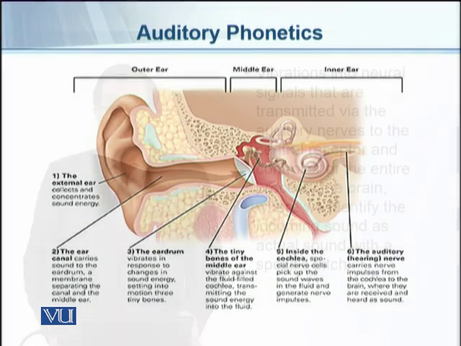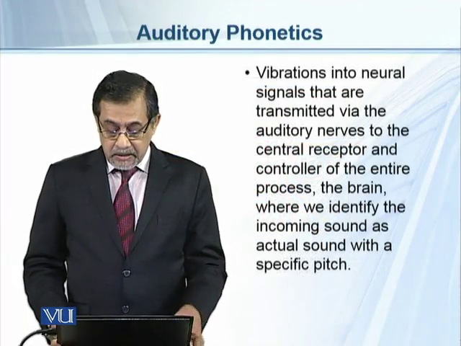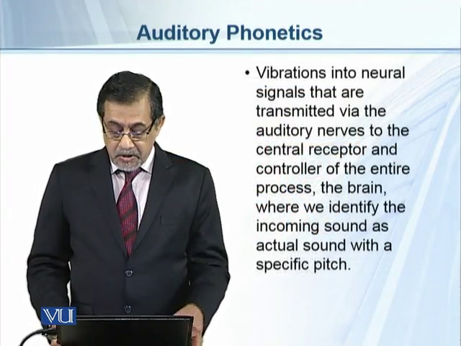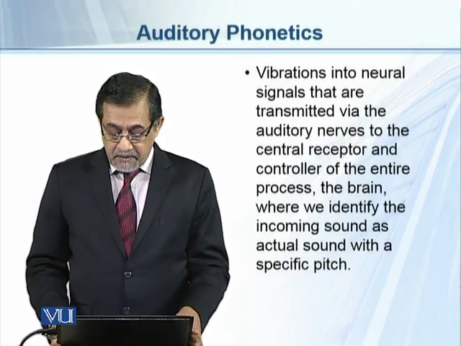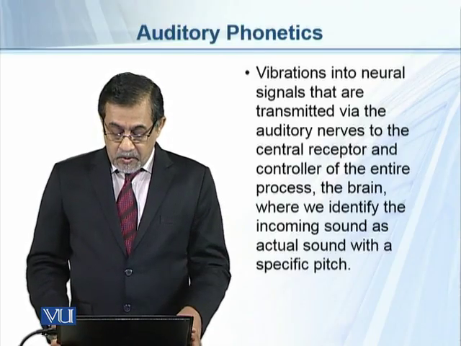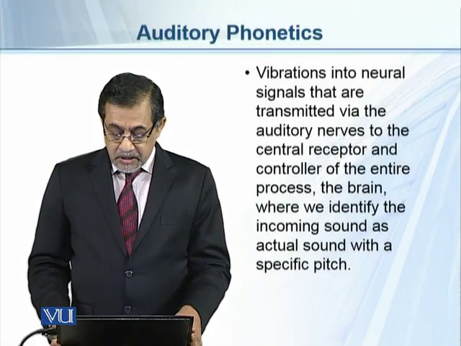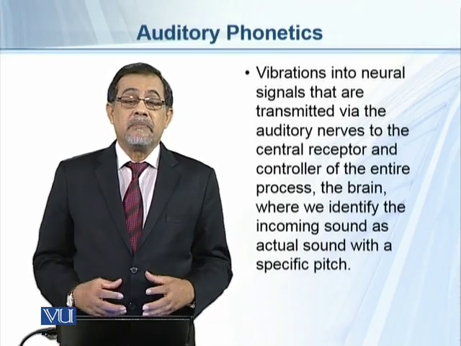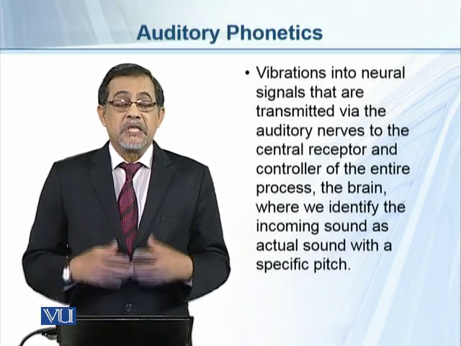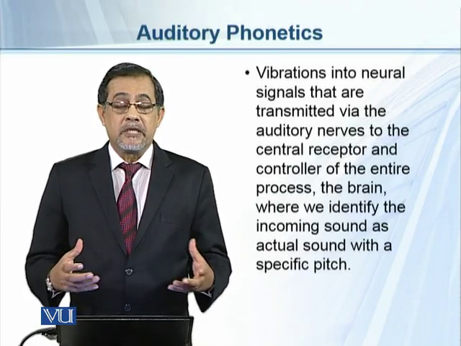So vibrations become neural signals that are transmitted via the auditory nerves to the central receptor and controller of the entire process, the brain, where we identify the incoming sound with a specific pitch. So this is the mechanism involved in perceiving a sound by the listener.